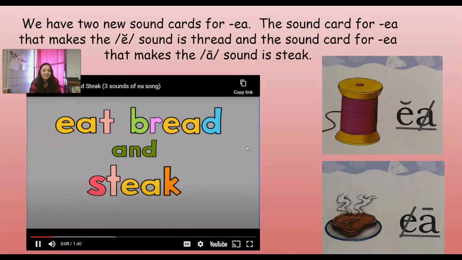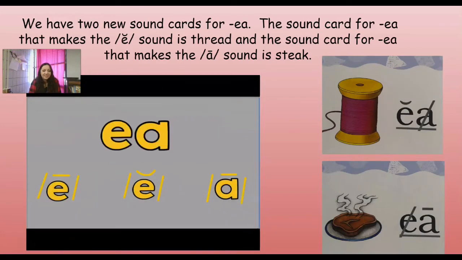Eat bread and steak, the 3 sounds of EA.